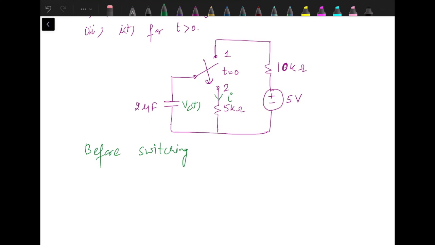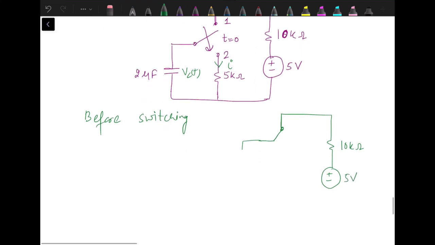So before switching, switch was in position 1, a 10 kilo ohm resistance, 5-volt source, they are connected in series with the capacitor.